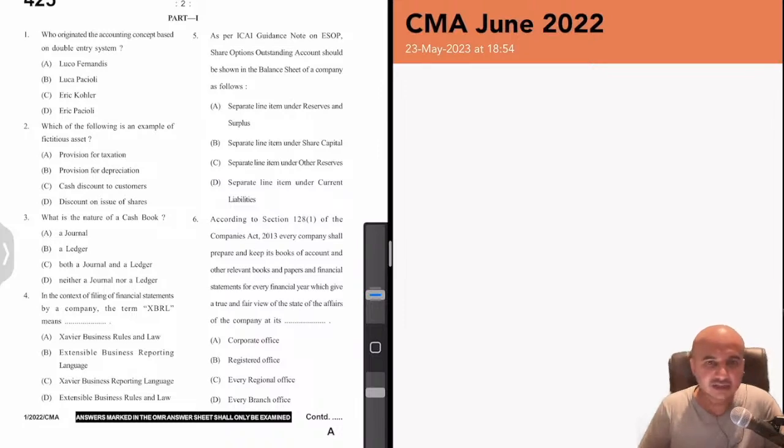Anyway, let us straight away get into the paper and check a few questions. It may not be possible to check all, but at least a few we can definitely check today. Let's see what we can cover today. The rest probably we can cover in the next session, which we can hold sometime next week, because tomorrow, day after, and the next day, that is Wednesday, Thursday and Friday, we will be conducting a live session for FM, because as far as FM is concerned, we could only hold 2 out of that 1.